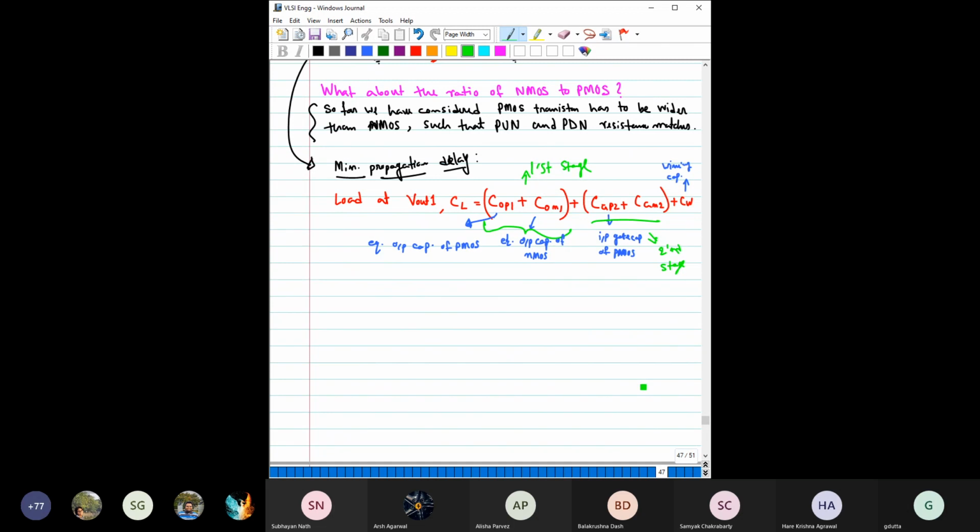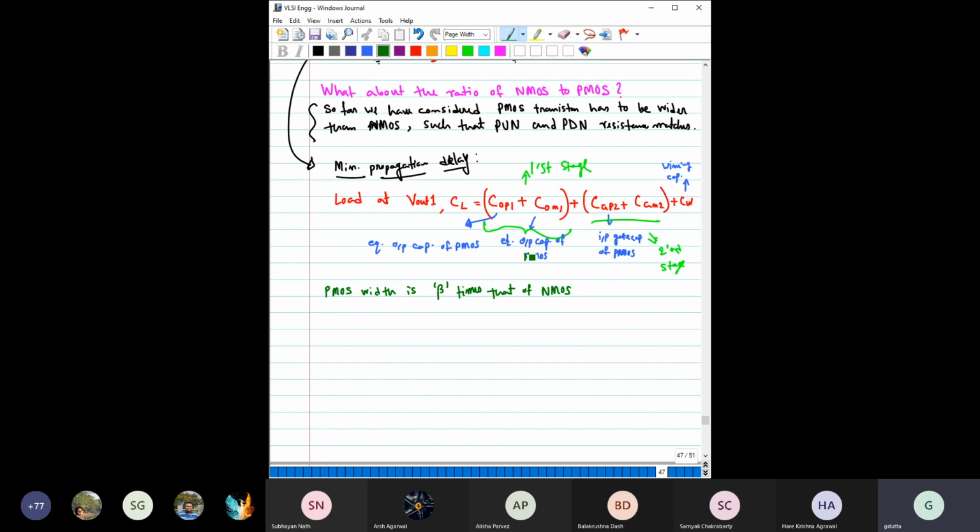Let us also assume that the PMOS width is beta times that of the NMOS.